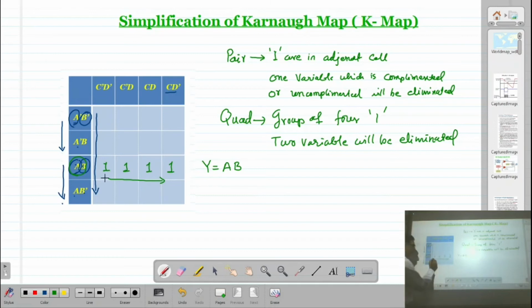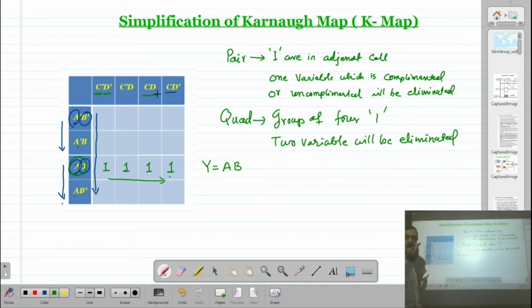Now when you are moving from left to right, then the C variable is also going to be changed, the D variable is also going to be changed. So they are going to be uncomplemented, and therefore the C and D variables are going to be eliminated from the final expression. Okay?